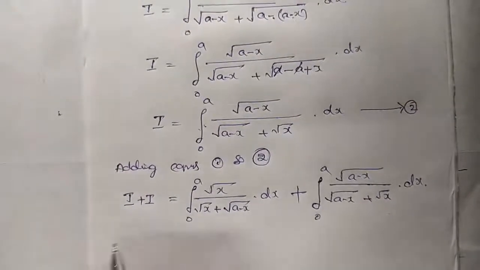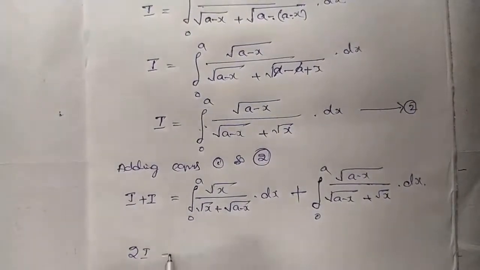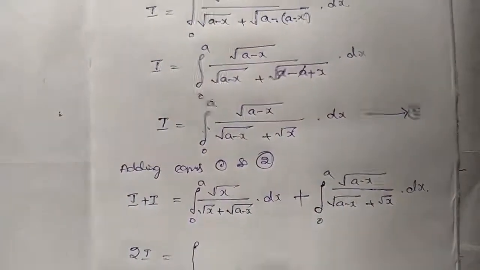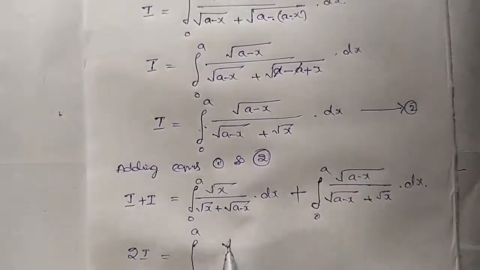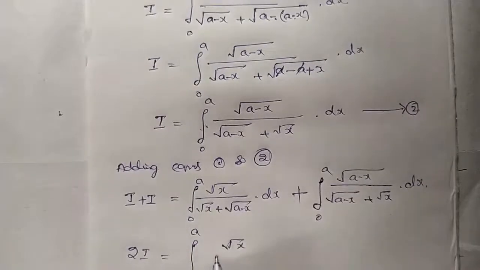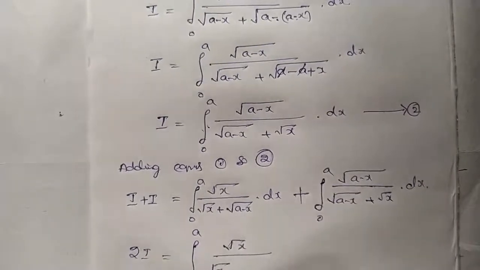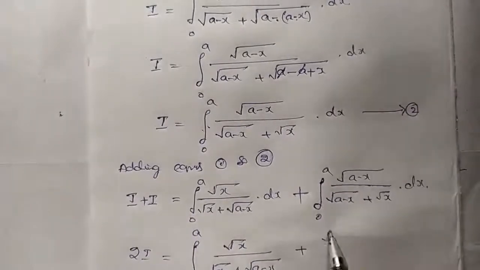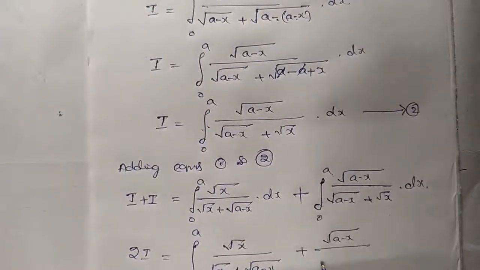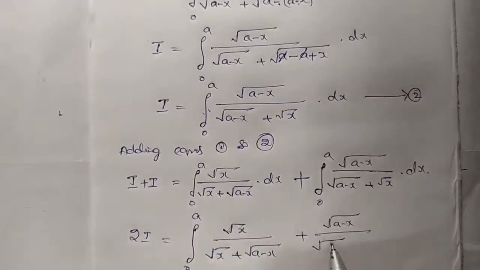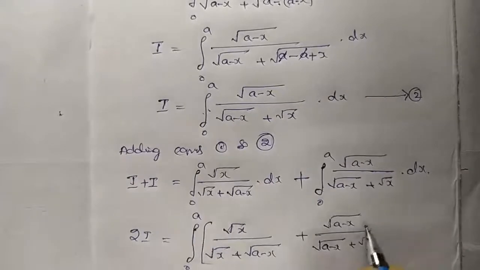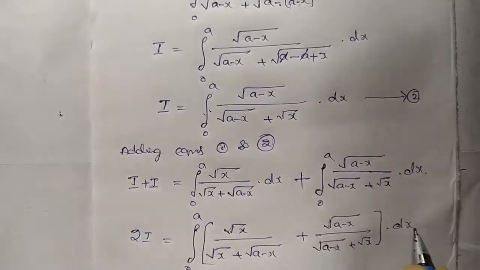I plus I is 2I, so 2I equals, let us club these two integrations, integration of 0 to a root x divided by root x plus root of a minus x plus root a minus x divided by root a minus x plus root x into dx.